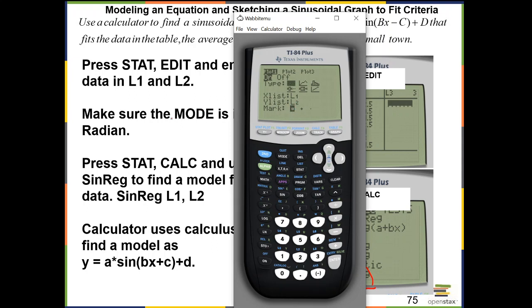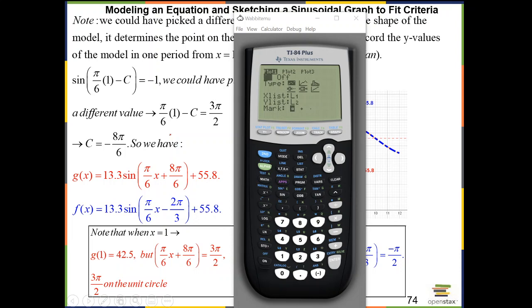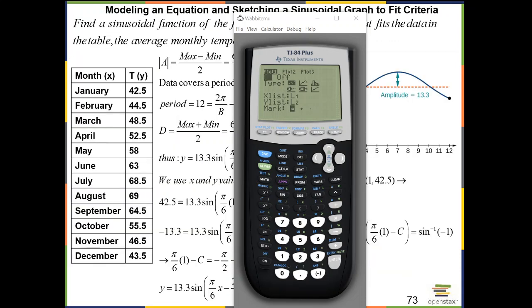We're talking about the same table that we're talking about, this table right here. I put 1 through 12 and then these numbers, right, as you see right here. So I'm going to graph them with a stat plot, and I'm going to go to zoom 9 to graph them.